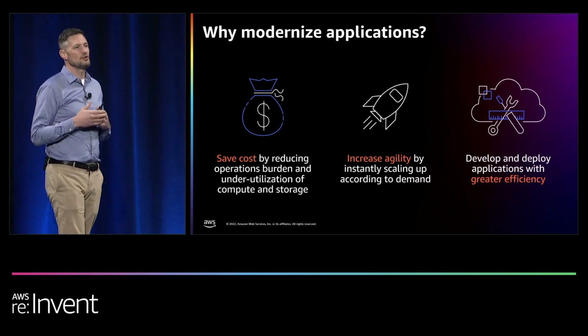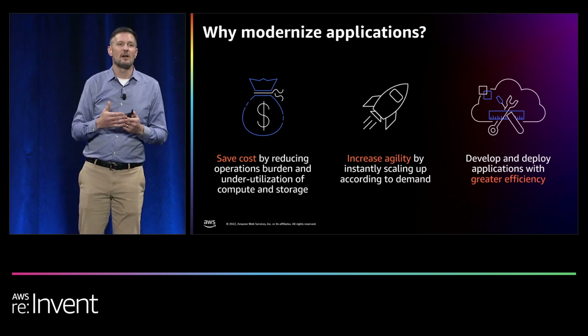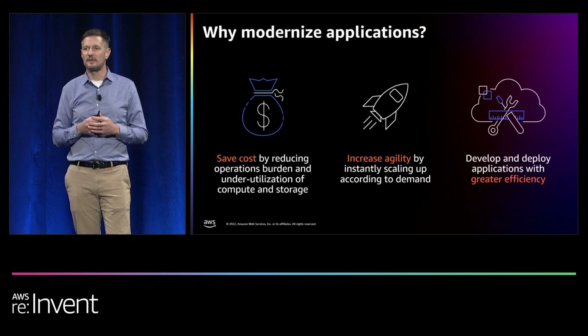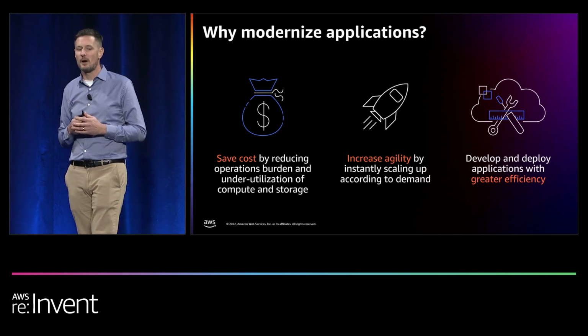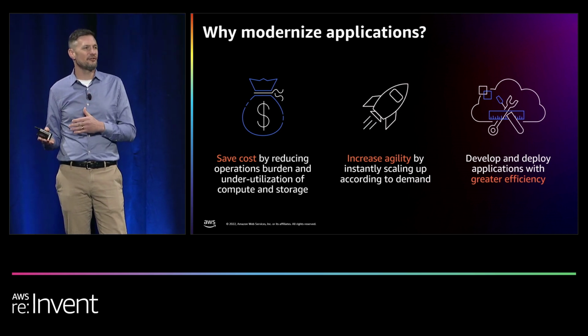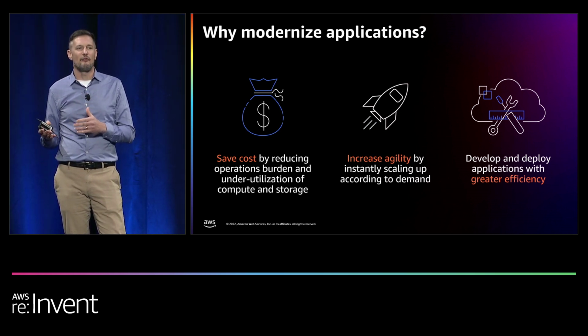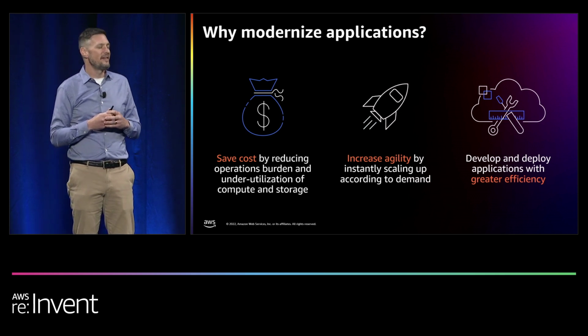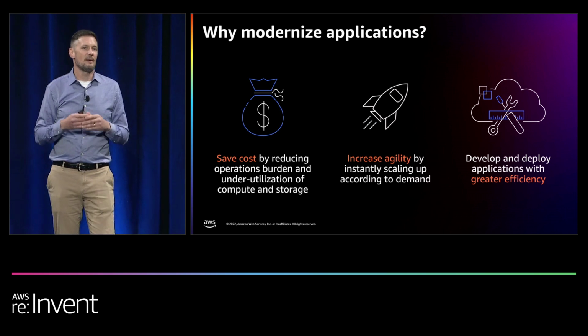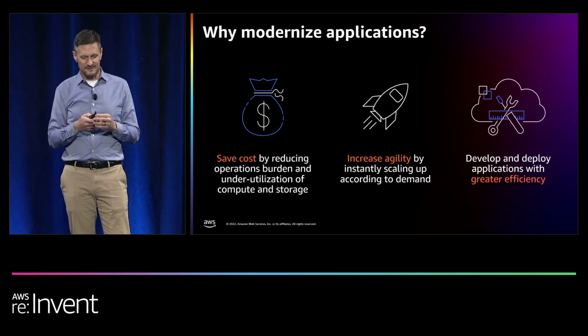So the ability to expand and contract and offer on-demand services that grow in strength depending on the needs of the environment become really crucial in a modern application infrastructure. And then being able to shift from this idea of focusing on infrastructure to really focusing on the applications themselves and being able to deploy code in such a way that you can spend your time developing your product and not the infrastructure that it sits on.